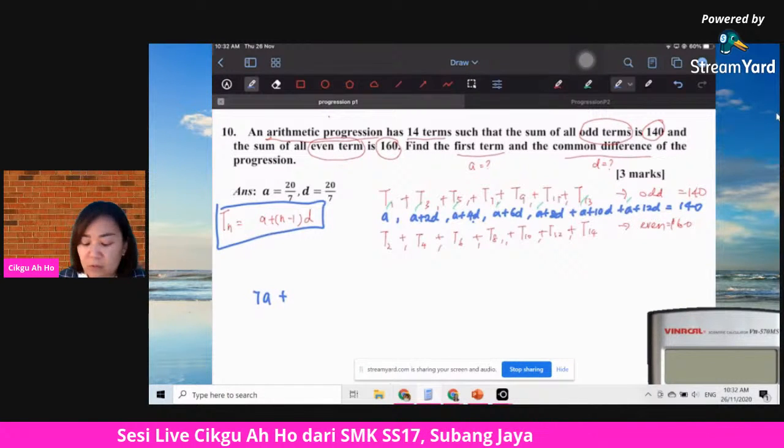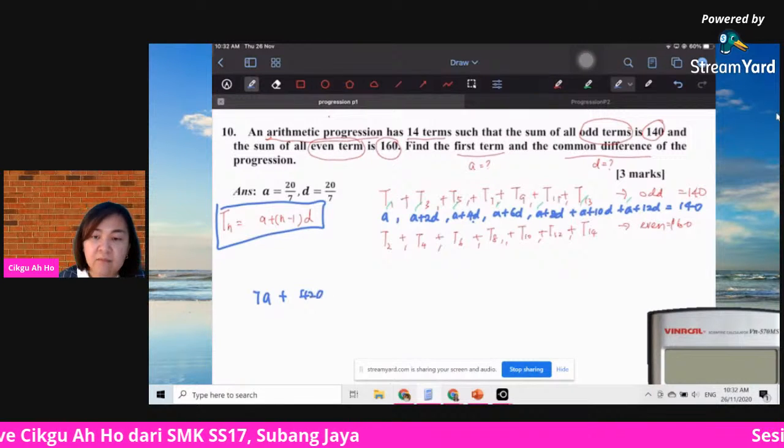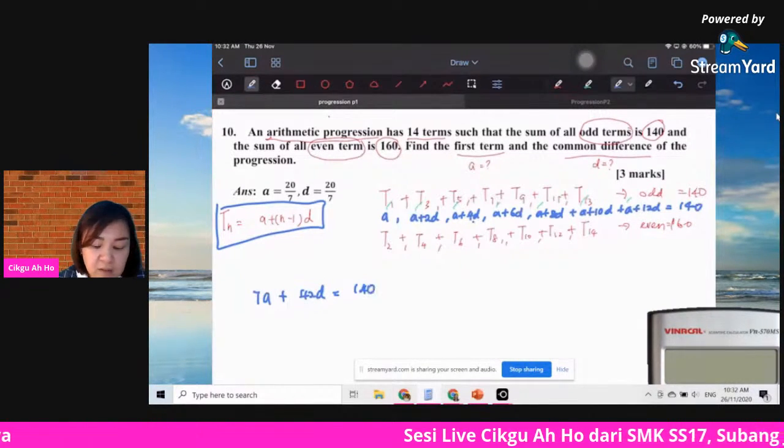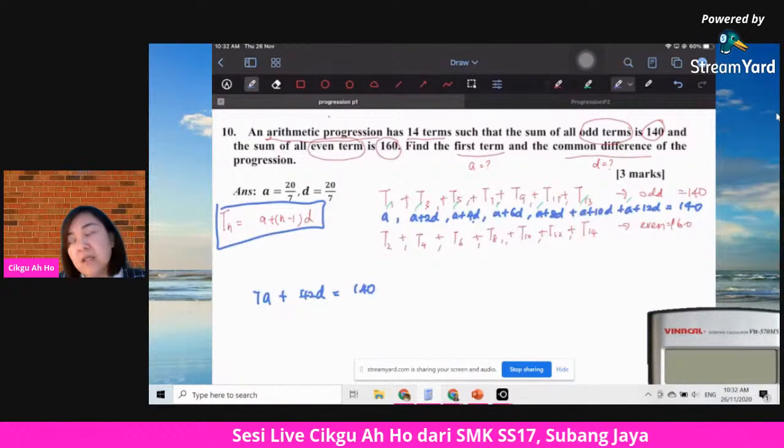So 7A plus 42D equals 140. Try to count, do it together with me. So you already have your first equation.